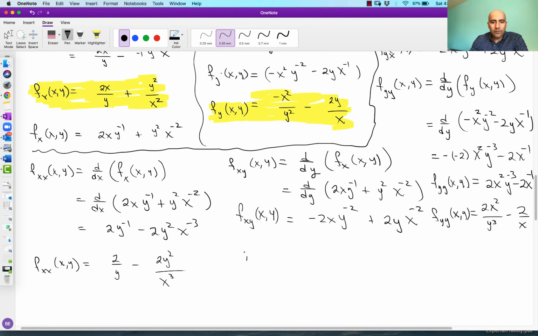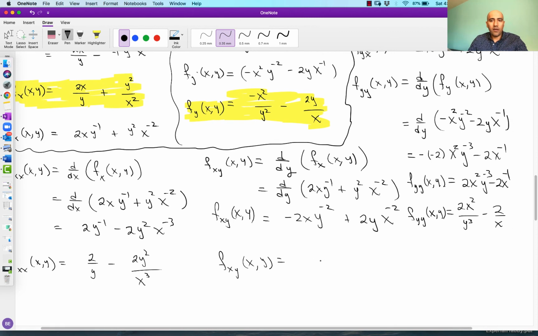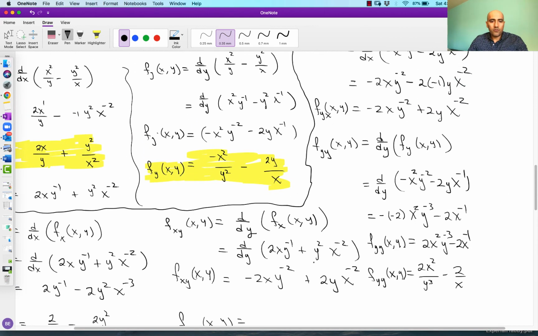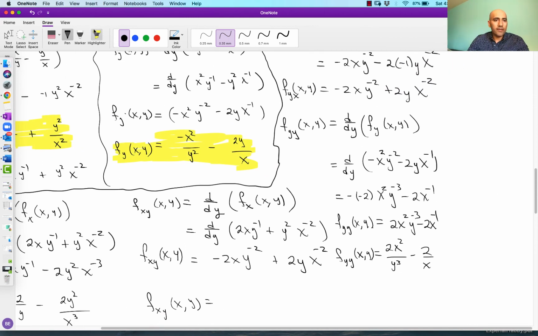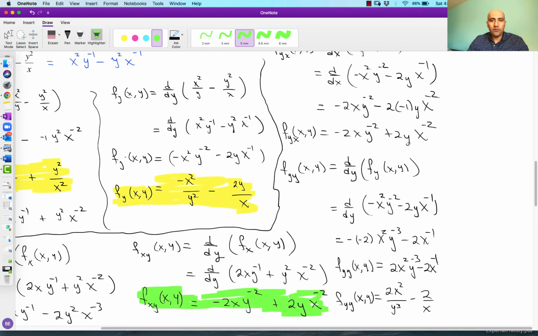And this one we can rewrite as f sub xy of x comma y equals, and as we saw above, this one right here, let me highlight it in green. This one gave us the exact same result that we got up here once we did it in the opposite order. Right?